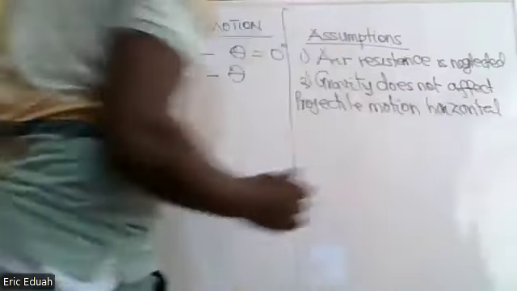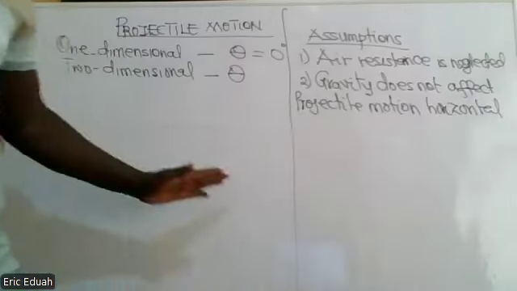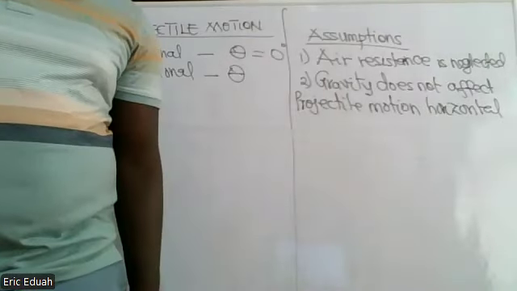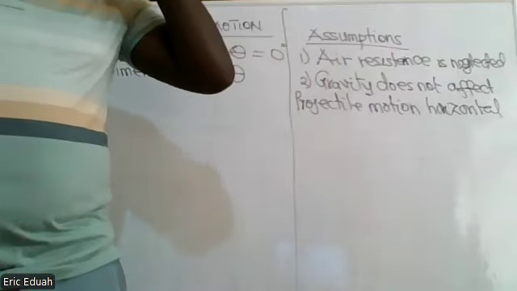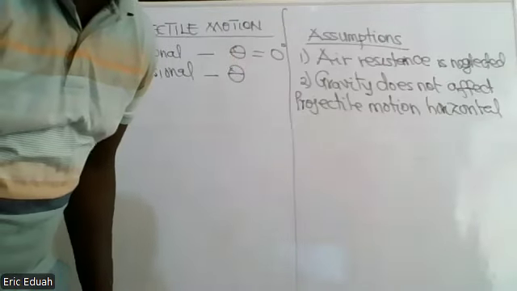So when the body is moving along the horizontal, we assume that gravity does not affect the motion of the body. So these are the two main assumptions on which projectile motion actually works.